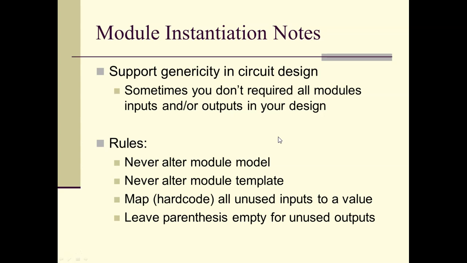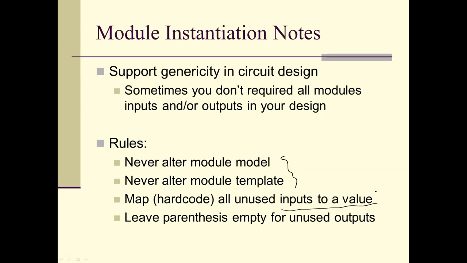The idea here is, when you map it, every input needs a value, so you have to provide every input with a value. Typically you provide a value that, if you're not using it, doesn't affect your circuit.